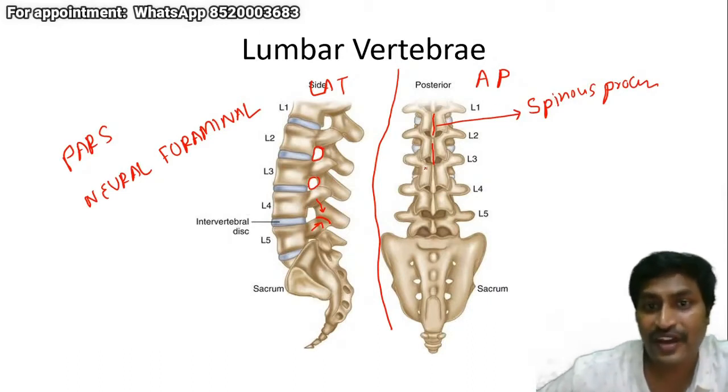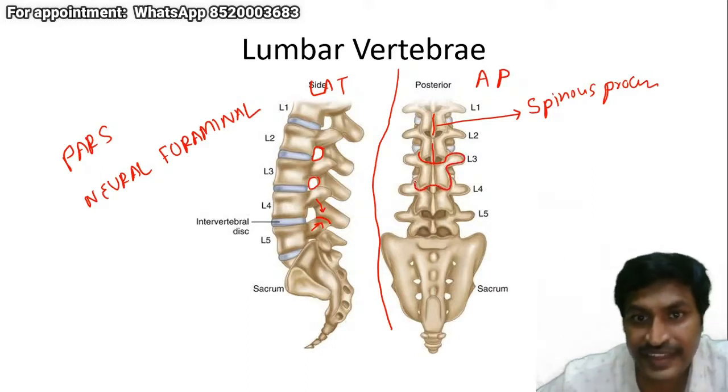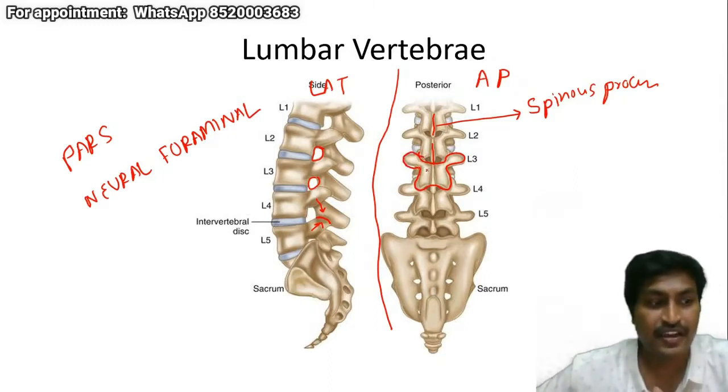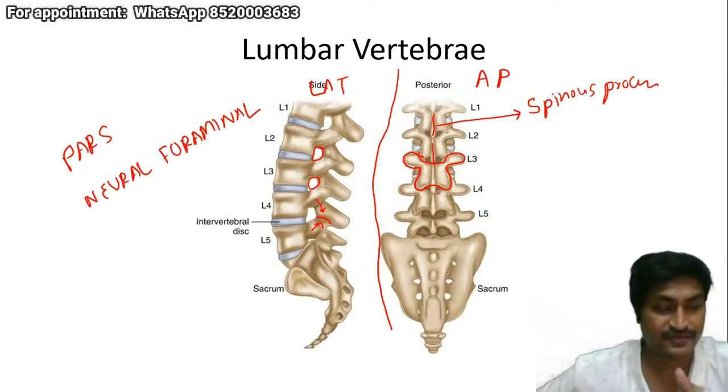The other one which you have to see is, are you able to identify this butterfly kind of structure? This butterfly kind of structure. How many of you are able to identify the butterfly kind of structure? Everyone who is able to identify this butterfly kind of structure, try to say yes.